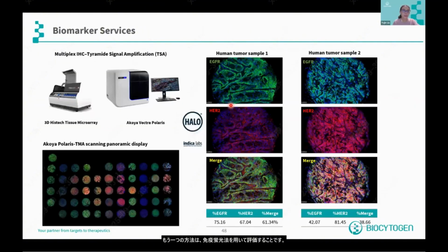Another method we use is immunofluorescence for the evaluation. In this study, we took a series of PDX models, and we stained 6 markers for each PDX model, so we can see 15 combinations of different targets. For example, we can see EGFR expression level and HER2 expression level, and we also have the merge of the two targets to find out the percentage of co-localization of these two targets.